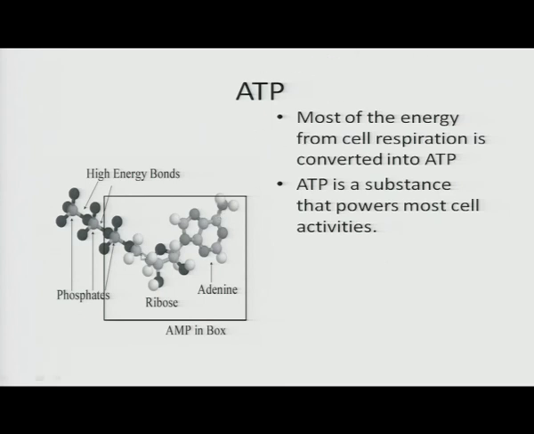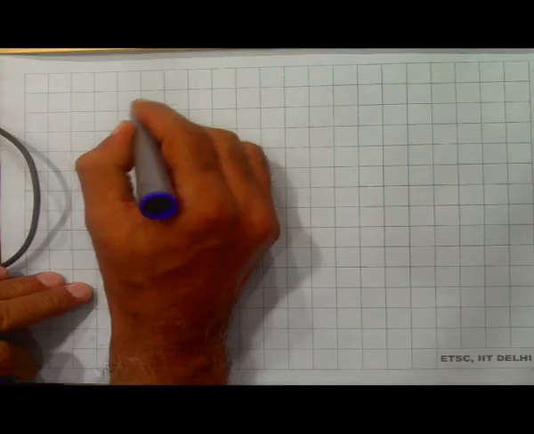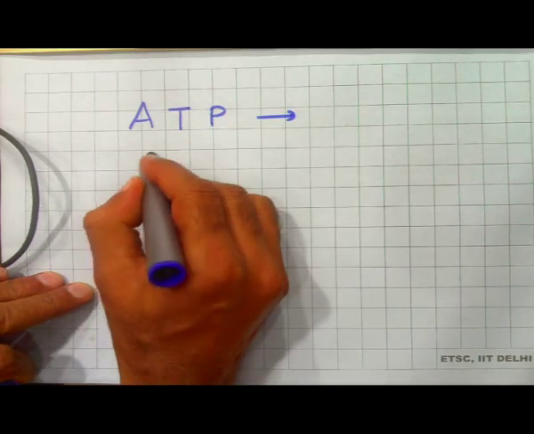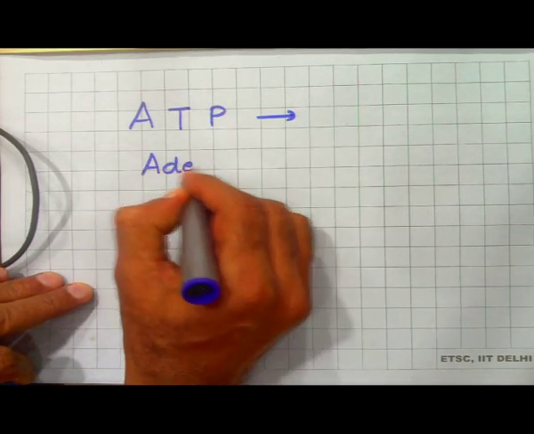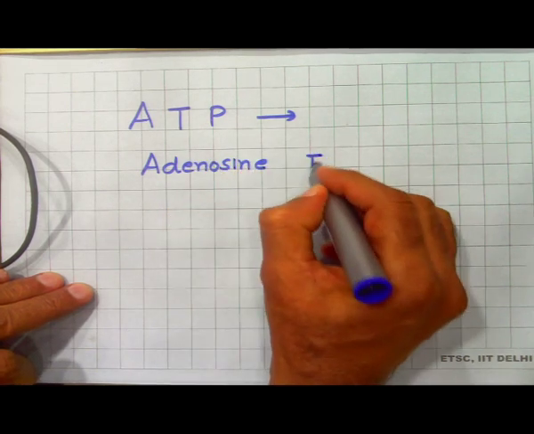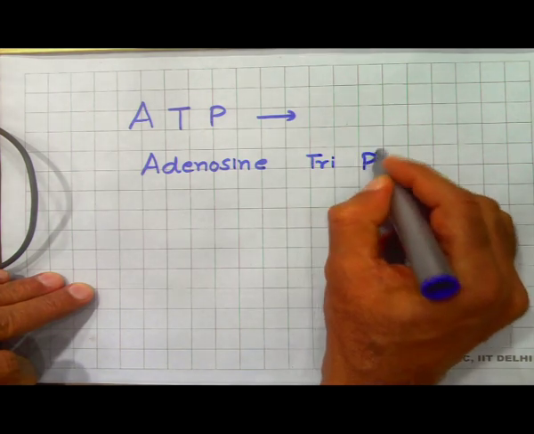Here is the ATP structure. The full form of ATP is adenosine triphosphate.